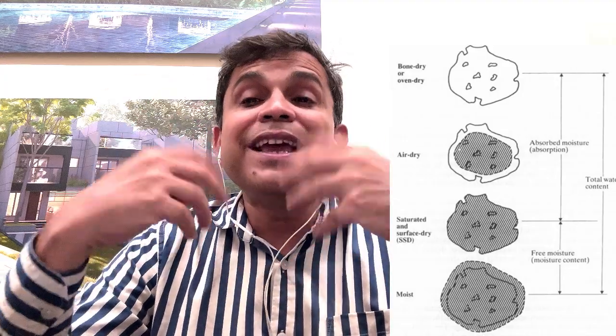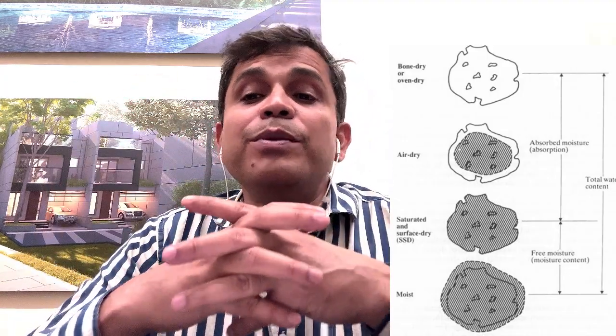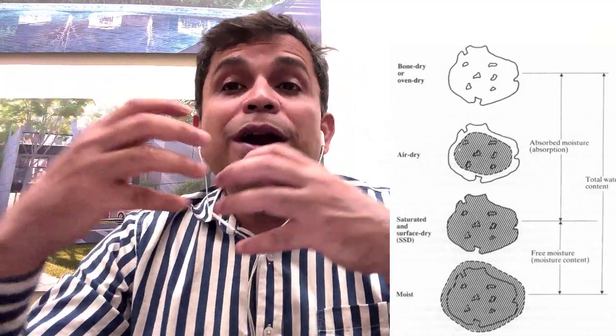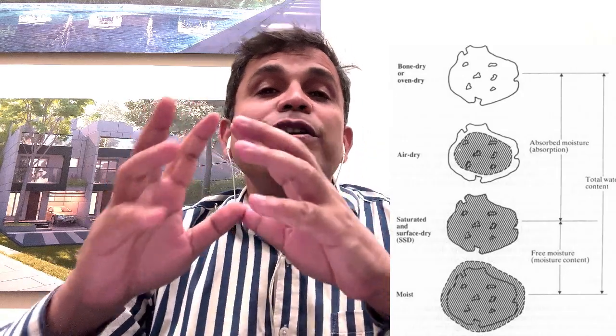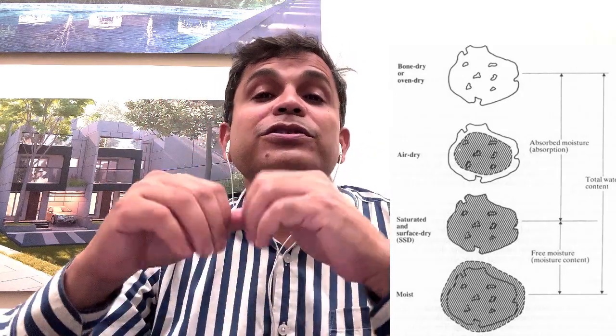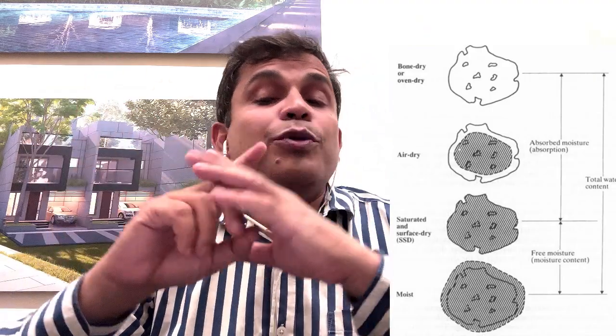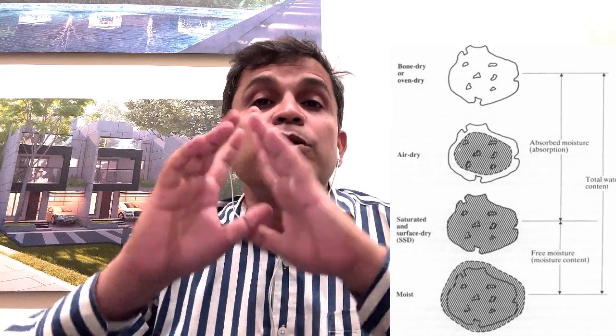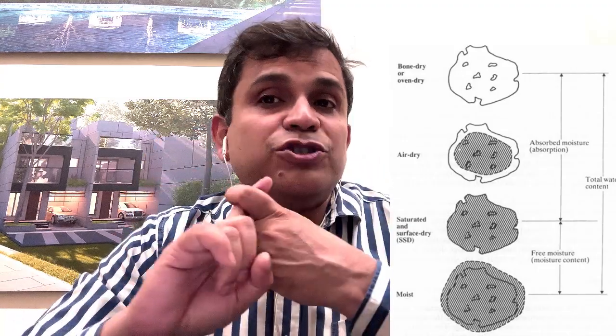So this extra water will be a problem for the concrete. This moisture is contributing to the mix, which means the water cement ratio is increasing, so we are not getting the strength or durability, whatever the requirement. So this condition is called the moist condition.